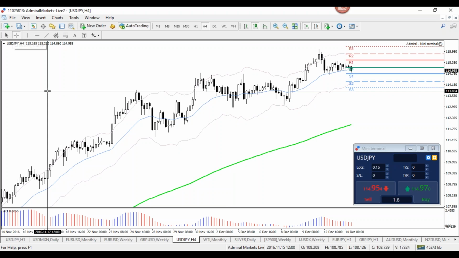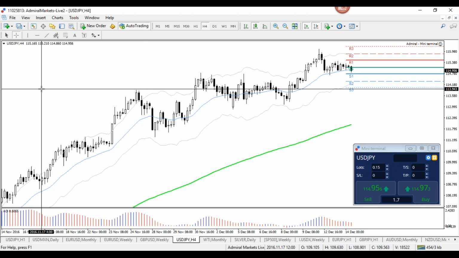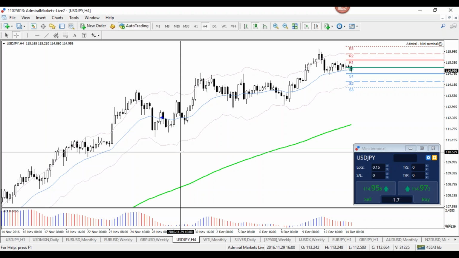Now, entries for those two patterns could depend. If you're looking at the pin bar, first of all, the entry could be right at the close of the candle, the entry could be at a retracement of the candle, or the entry could be at the break of the low. All three are possible. Stop loss would be above this high.